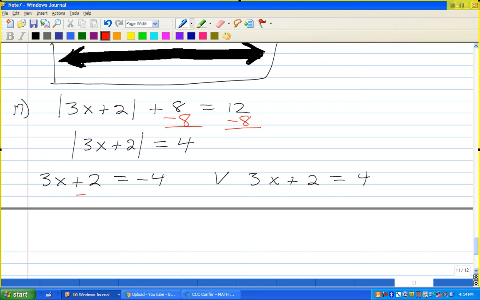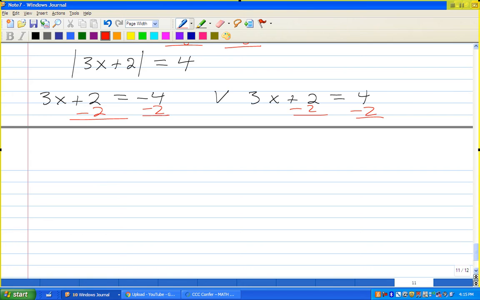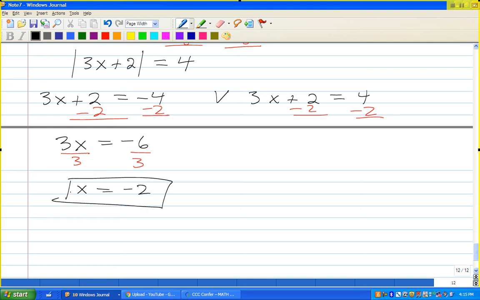So let me subtract 2 from both sides of my equation. So I get that 3x is equal to -6, divided by 3. So x is equal to -2. Or, subtracting 2 from both sides of my equation, I get 3x is equal to 2.